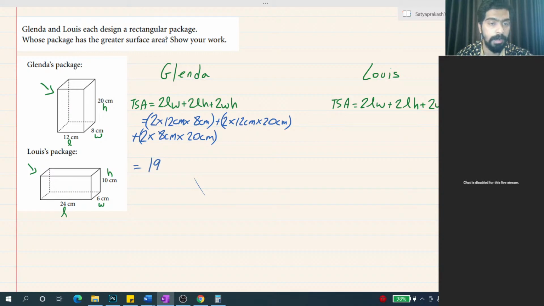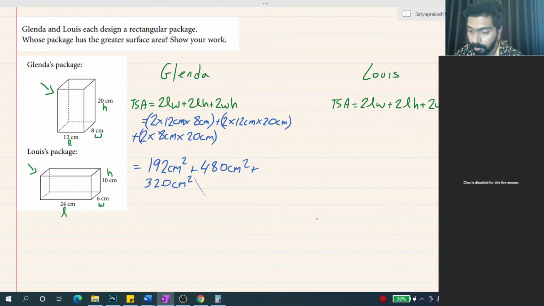So we have 192 centimeter square plus 2 times 12 times 20 would give us 480 centimeter square plus 2 times 8 times 20, which is 16 times 20, which is 320 centimeter square. All right, I see Raven Gamer, I think that's Pang Pang. So you wrote down Louis is 888 centimeter cube. Keep in mind that the surface area would be centimeter square, all right?